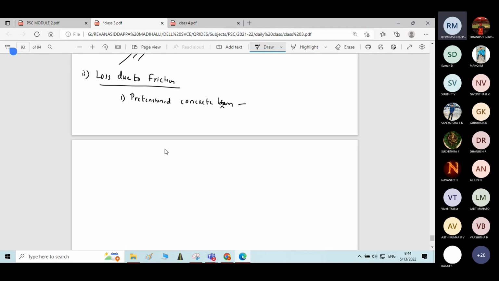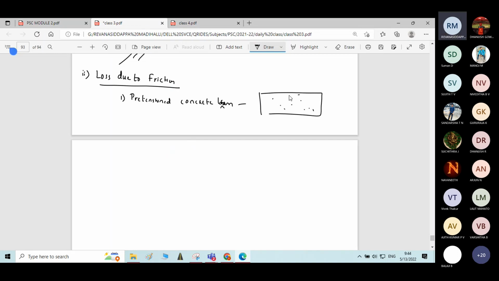In case of a pre-tensioned concrete beam, initially the tendons will be stretched. After that, concrete will be poured. Then after the concrete achieves sufficient strength, the tendons are cut on both ends so that there will be transfer of pre-stresses in the concrete. How does that transfer of pre-stresses take place in a pre-tension concrete beam?